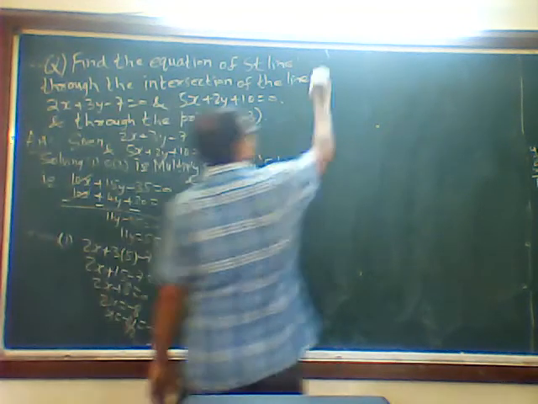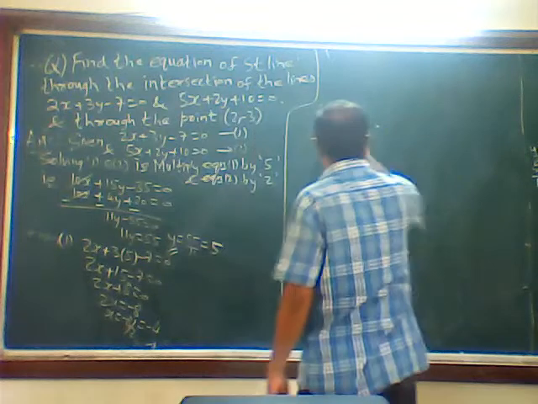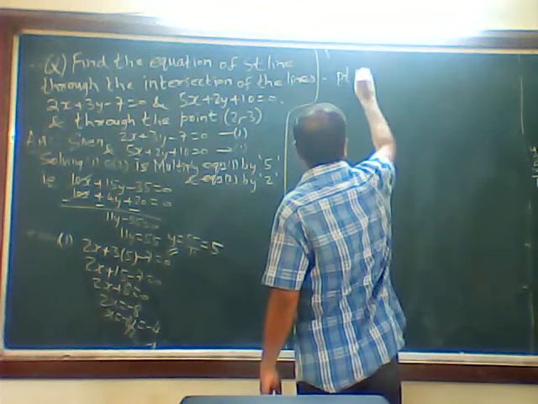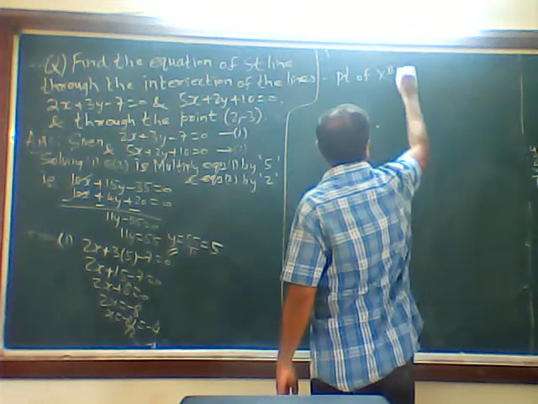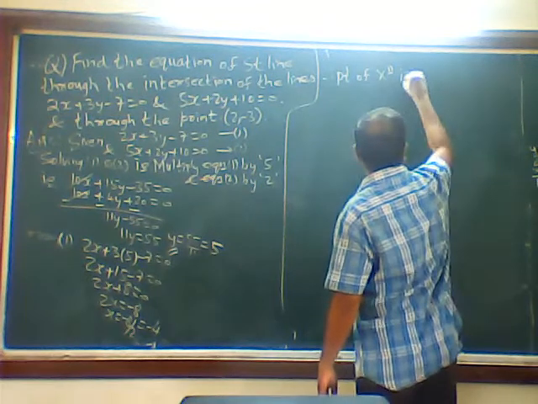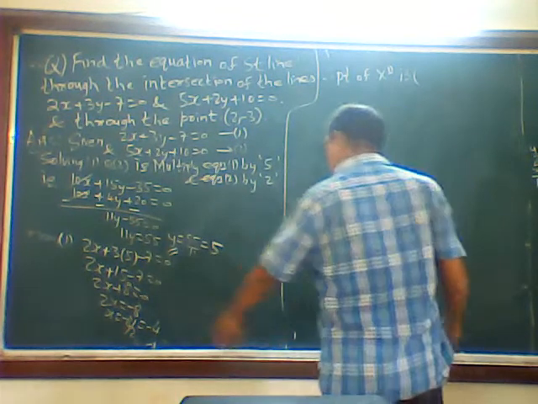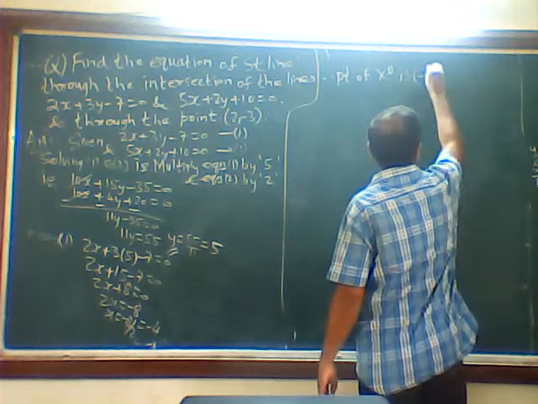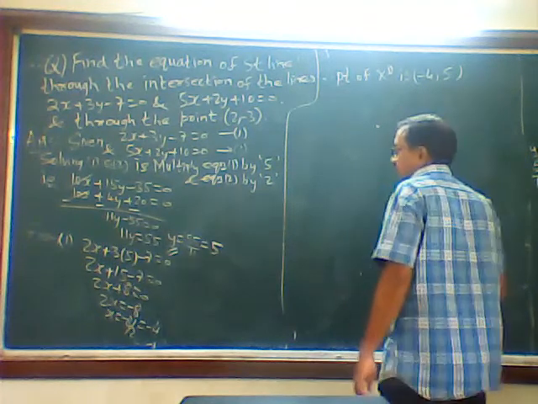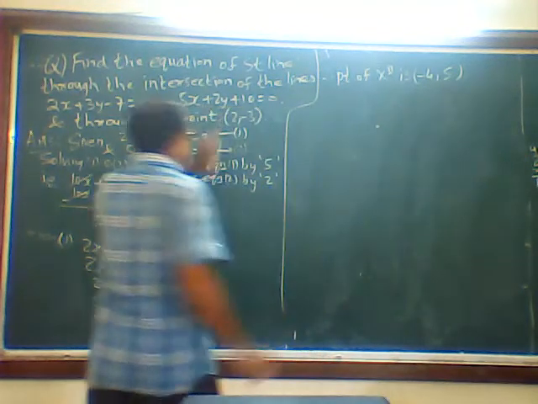Okay, then I will say here, therefore, the point of intersection is minus 4 comma 5. I'll name it as A, A of x1 comma y1 is minus 4 comma 5.